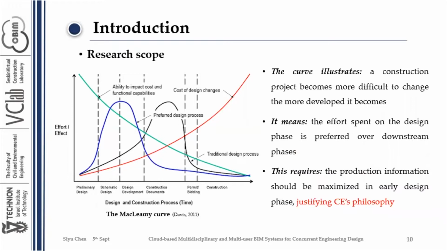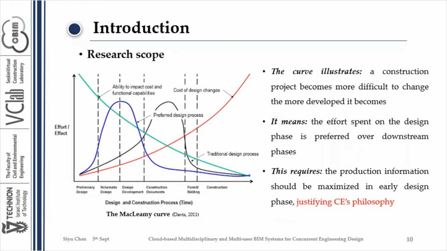The McLeamy curve provides us this opportunity to narrow down the scope. As you can see on the picture, the red line shows the cost of design changes becoming more and more expensive along the time. And that illustrates that a construction project becomes more difficult to change the more developed it becomes.